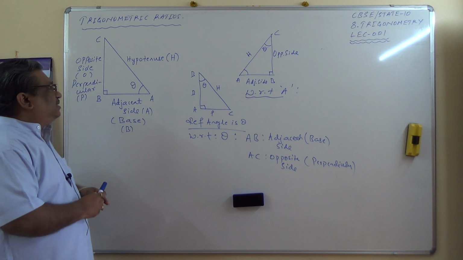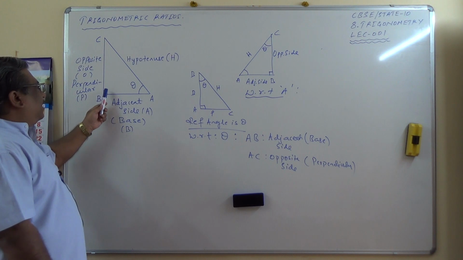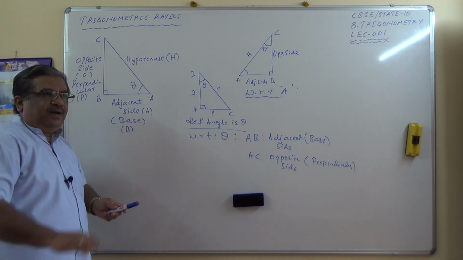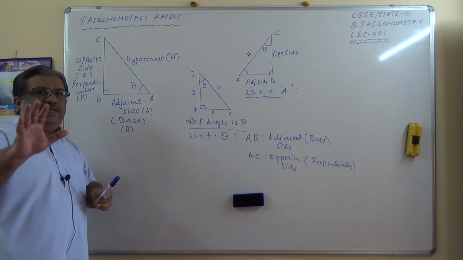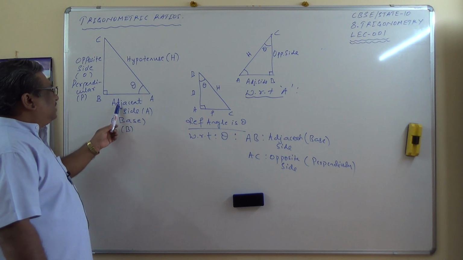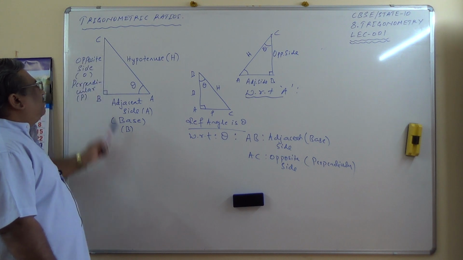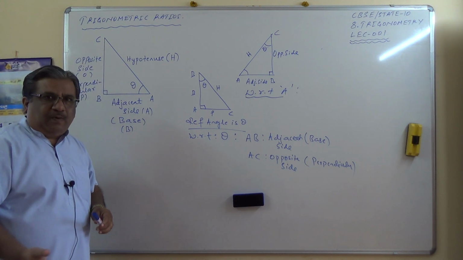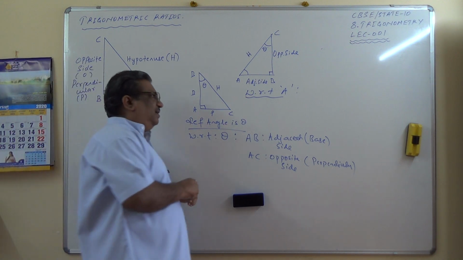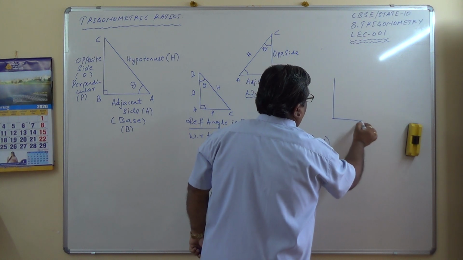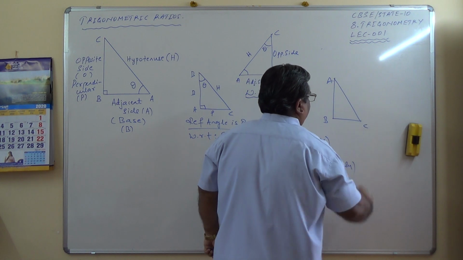Always, opposite to the right angle is called the hypotenuse. After that, if I know the reference angles, then only it is possible to fix the adjacent side and opposite side, or for that matter a base and a perpendicular. If you do not know the reference angle, in that case see here, B, A, C.